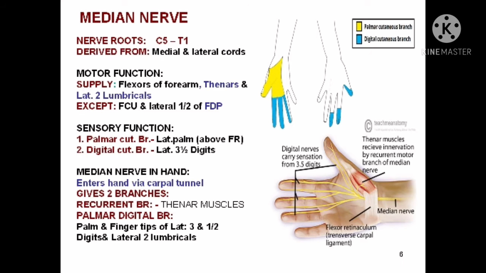The median nerve enters the carpal tunnel and gives within the hand 2 branches. The recurrent branch, which supplies the thenar muscles, and the palmar digital branch, which supplies the palm and fingertips, the lateral 3.5 digits and lateral 2 lumbricals.